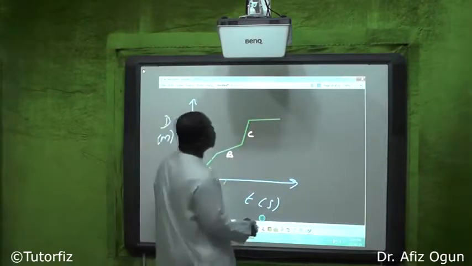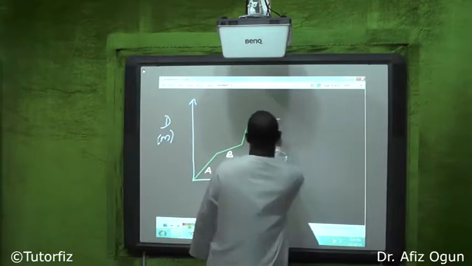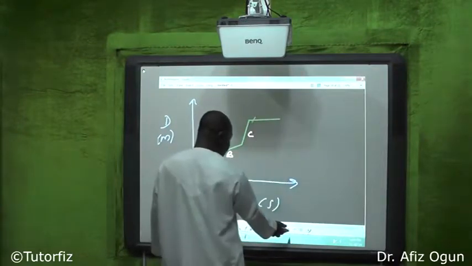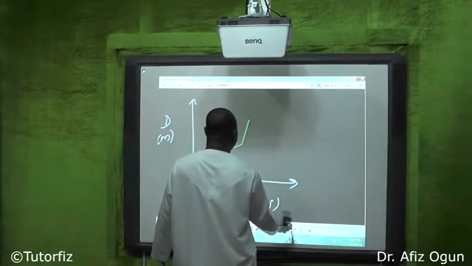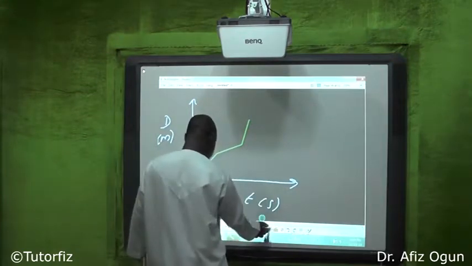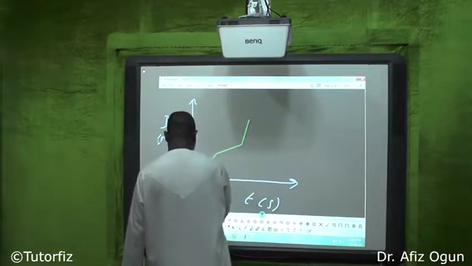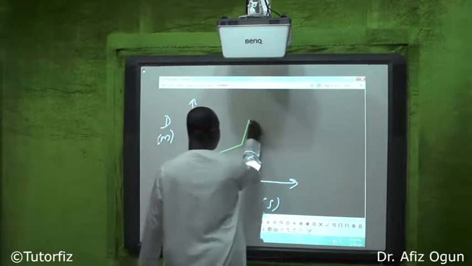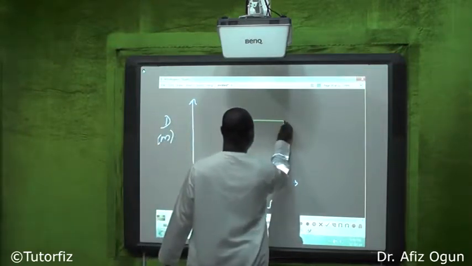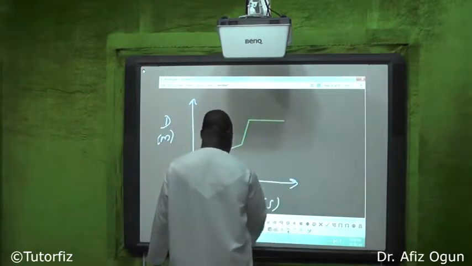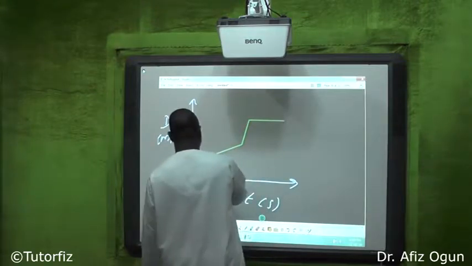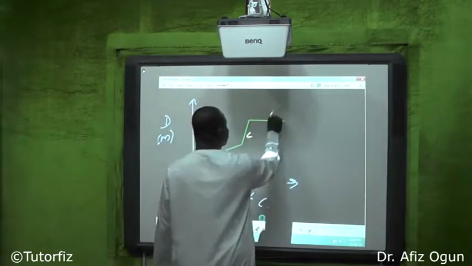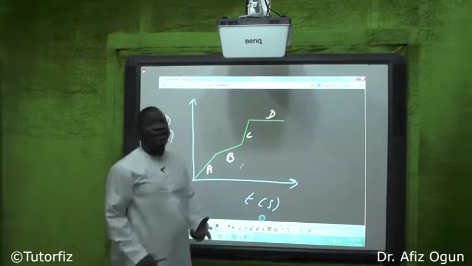Here, there is no slope at all. Let me draw it well. At that point, there is no slope. We have seen A, B, C, D. There is no slope at all. What does it remind you of?